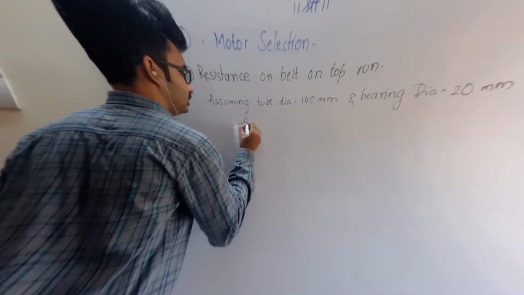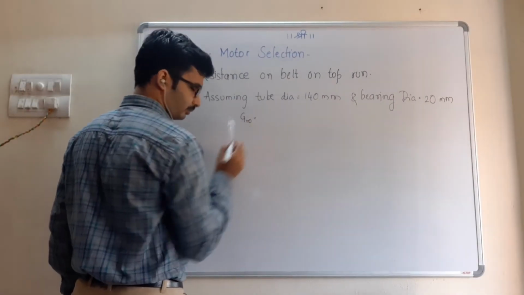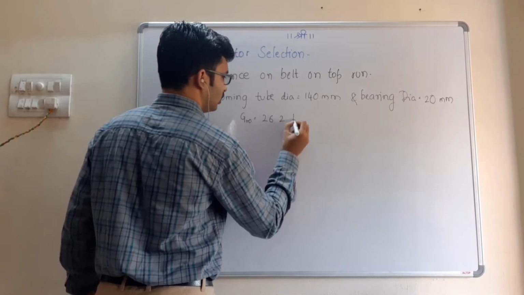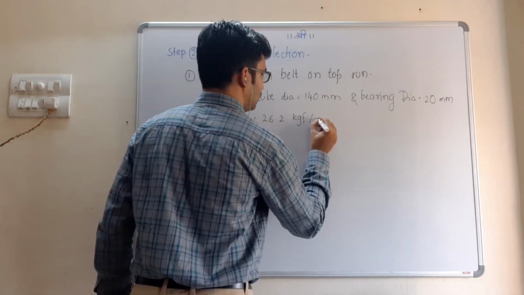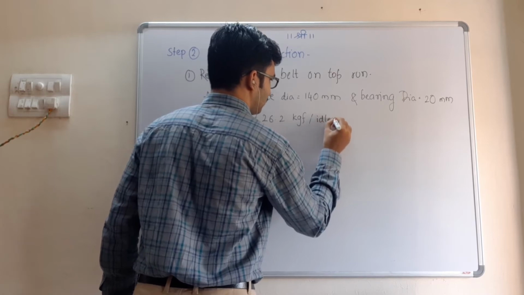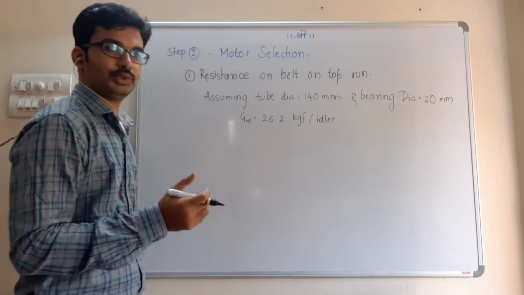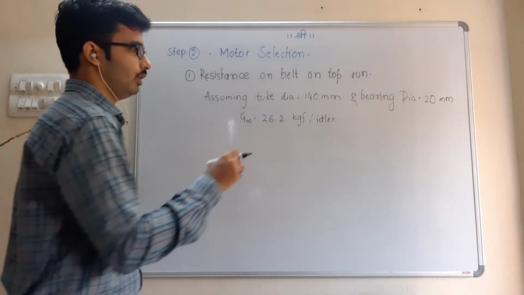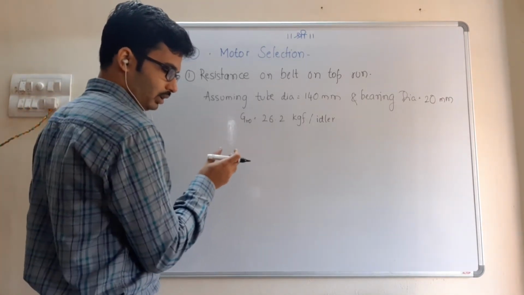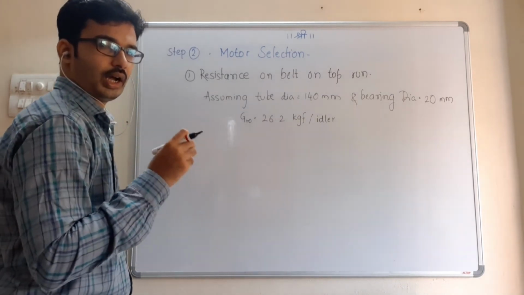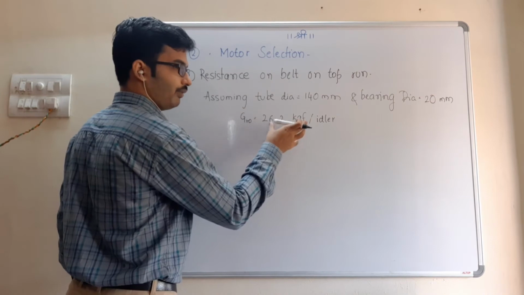We will get this GRO as 26.2 kgf per idler. But we want this GRO in terms of per meter length, so we have to divide this value by the number of idlers per meter.